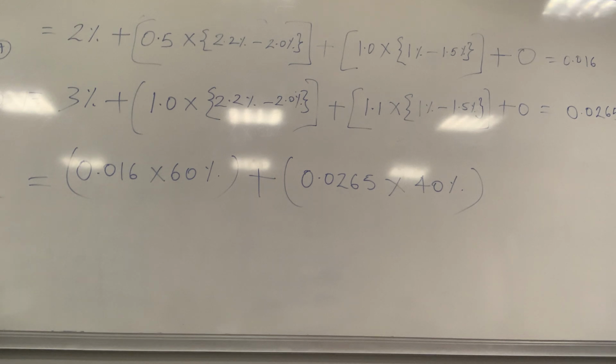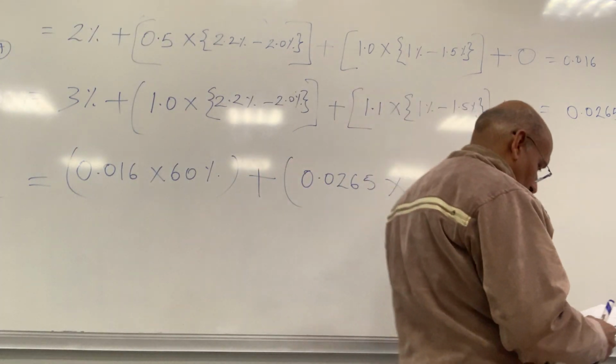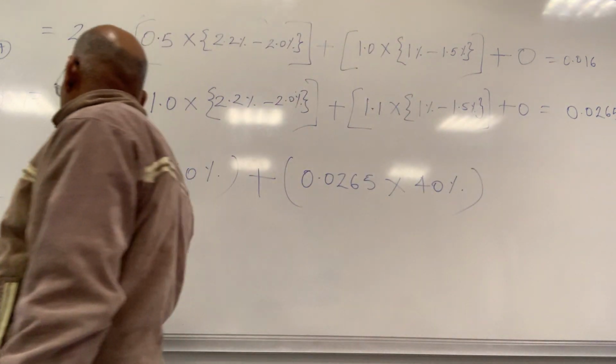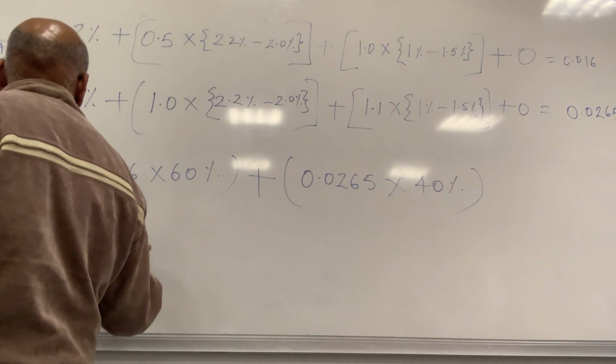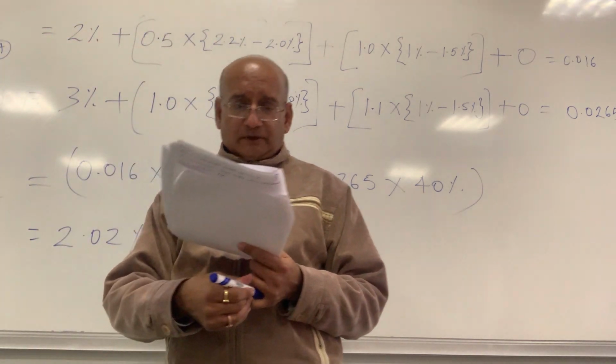Is it clear? What we did, first we found individual returns and then simply used them with 60% and 40% weightage. It is an easy way to find it out. So the final answer will come 2.02%. This is option number A in the given options.